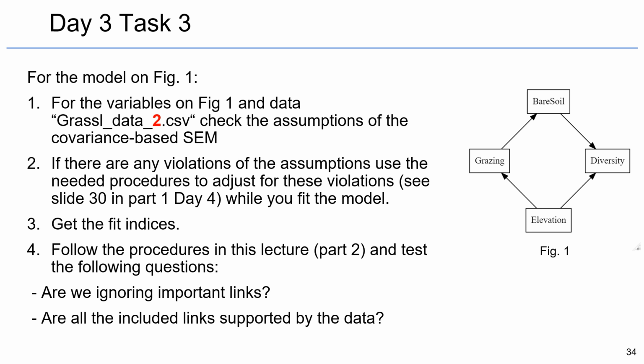Also, follow the procedures in this specific part of the lecture to test the next two questions. The first question is, are we ignoring important links in this model in figure 1? And the second question is, are all the included links supported by the data?